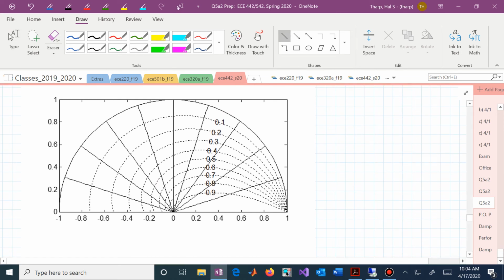We can say, well, we are at 0.6 for our real component. We are at 0.6 for our imaginary component. And in fact, that sort of looks like it's intersecting with a zeta value of 0.2.